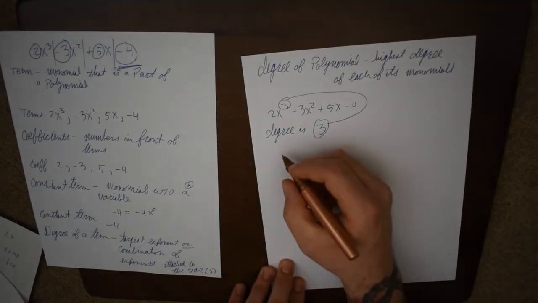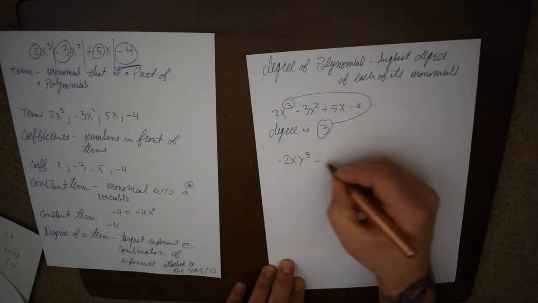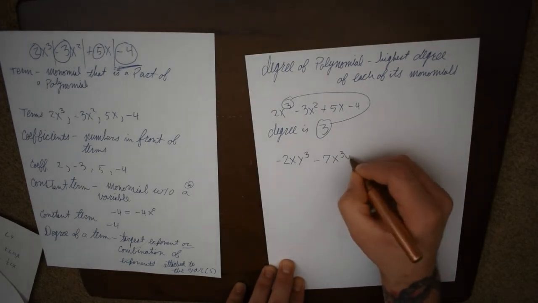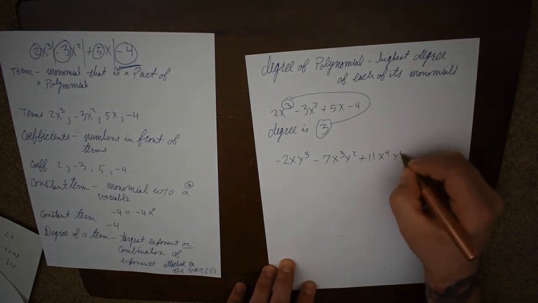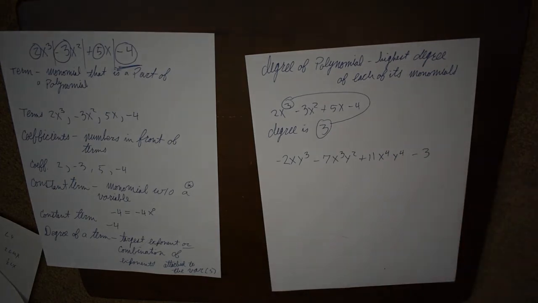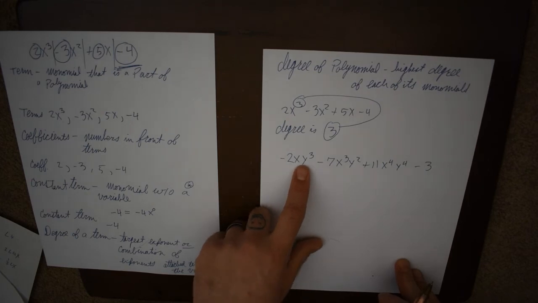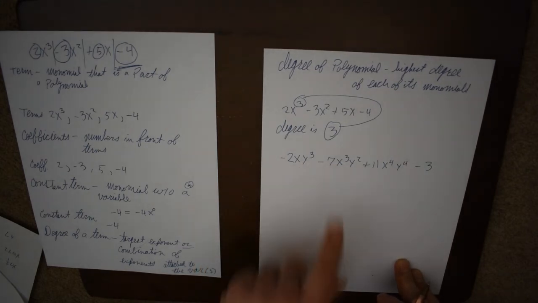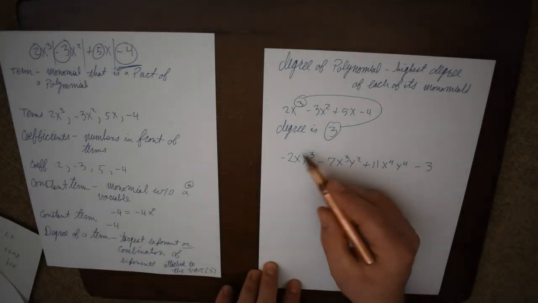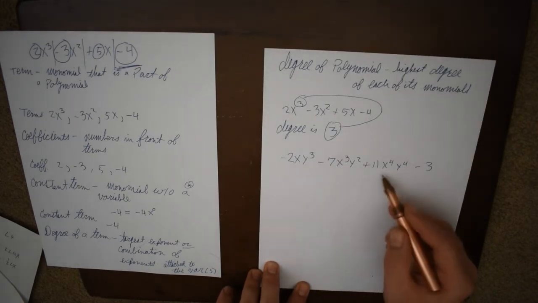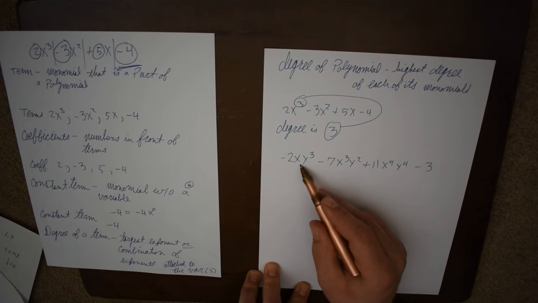If we had, say, negative 2xy cubed minus 7x cubed y squared plus 11x to the fourth y to the fourth minus 3, well, this is a perfectly good polynomial. All of our variables have non-negative integer exponents. And for the degree of this polynomial, we want to check the degree of each of the monomials, and we want the one that's biggest. Well, the degree of this term is 4.